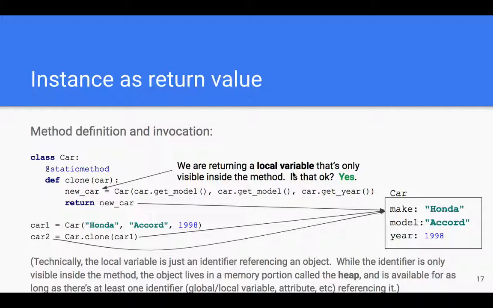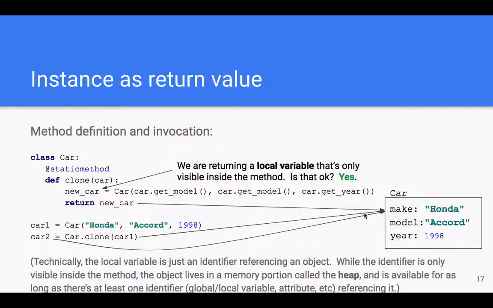What really happened is that when we say a local variable is visible only inside a method, the identifier new car is only visible inside the method.